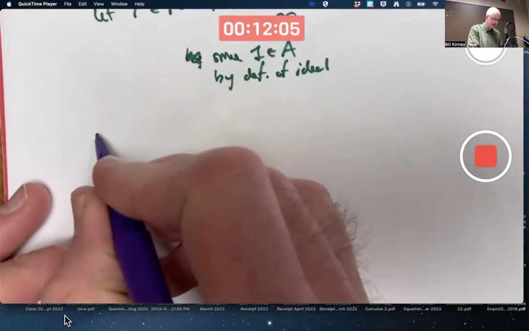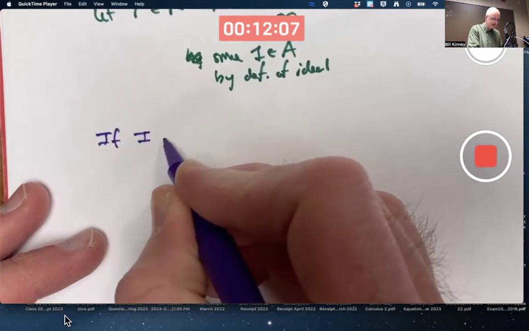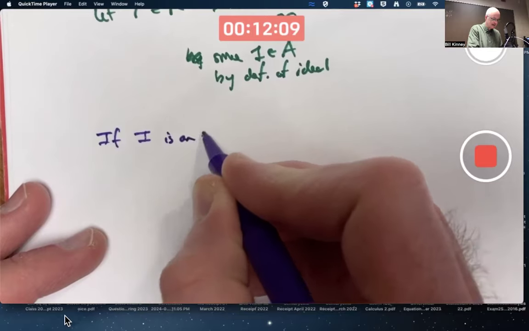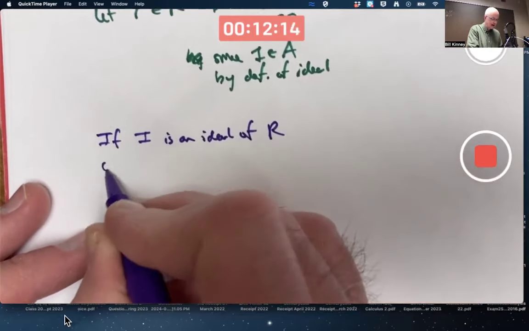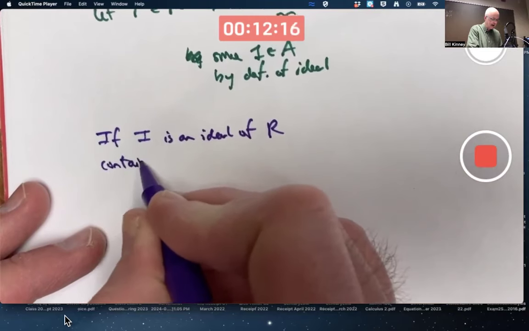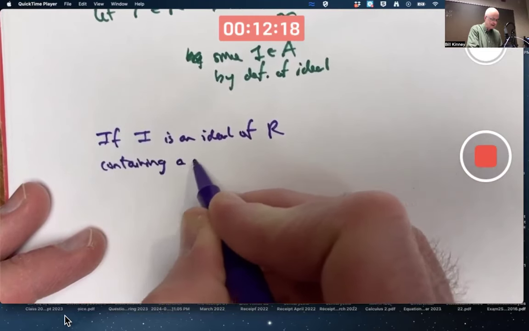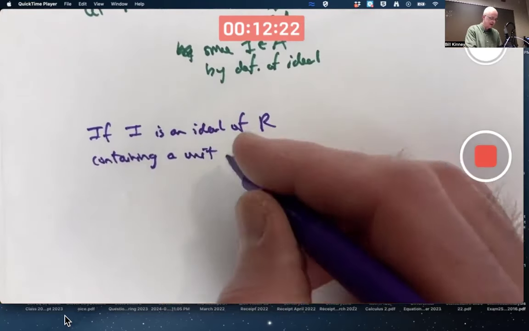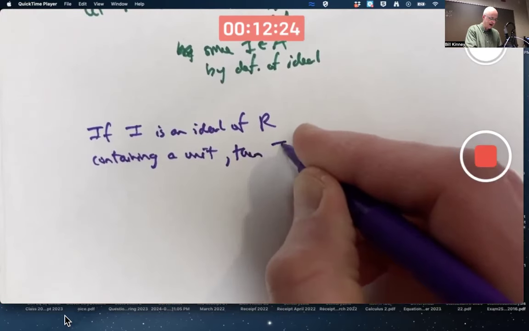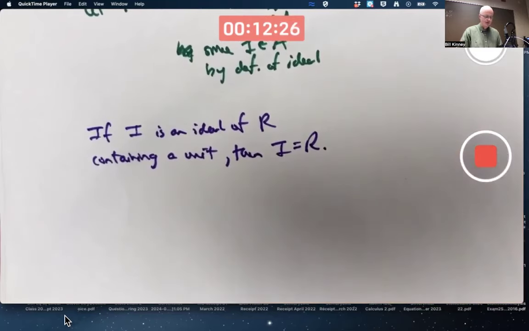The next problem uses this result. It states if I is an ideal of R containing a unit, meaning an element with a multiplicative inverse, then in fact, I is all of R. Once again, I being a subset of R is trivial.